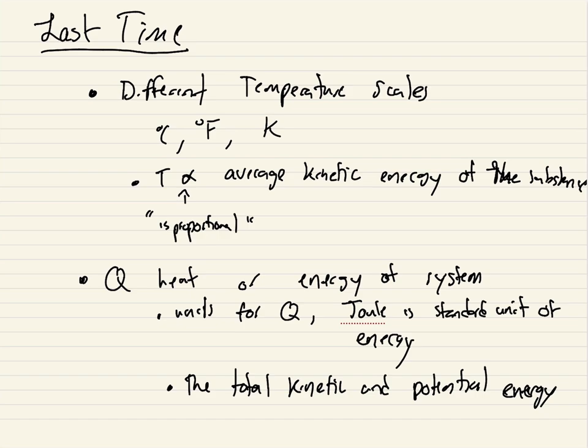And then we had an equation that related to the movement of heat. According to the first law of thermodynamics, energy cannot be created or destroyed, just transferred from one form to another. And so then we looked at how heat transfers between substances.